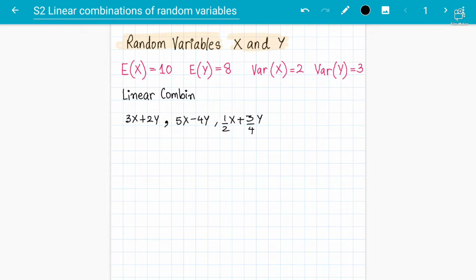So these are all the examples I'm giving you of making a linear combination, and let's put it there that these are linear combinations of the random variables, such as 3x + 2y, 5x - 4y, (1/2)x + (3/4)y, and these types of examples. Okay, so these are linear combinations of random variables.